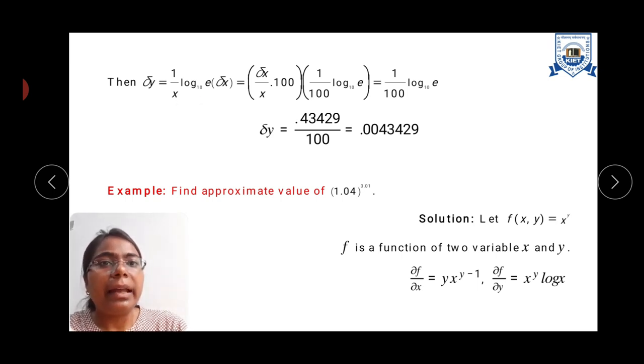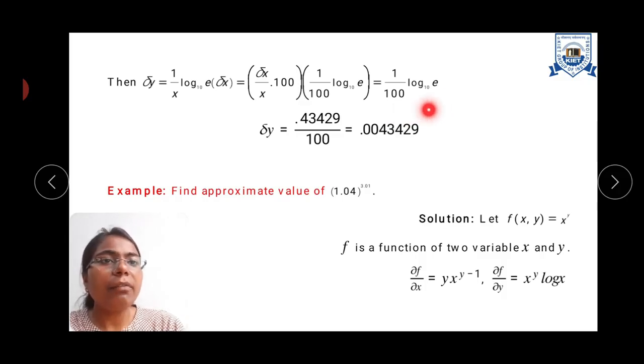base 10. And if we separately take del x by x into 100, into 1 by 100 log e base 10. Here we multiply and divide by 100 because we have the percentage error. So its value is equal to 1, so we get only 1 by 100 log e base 10.